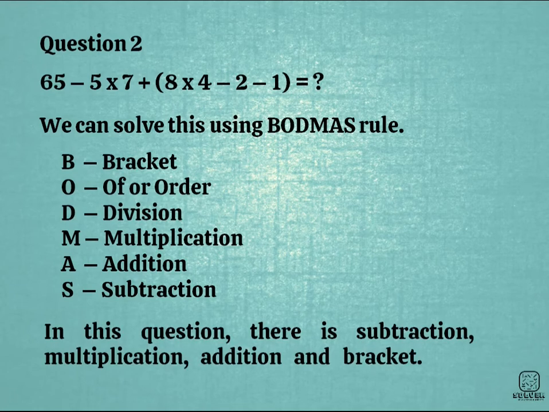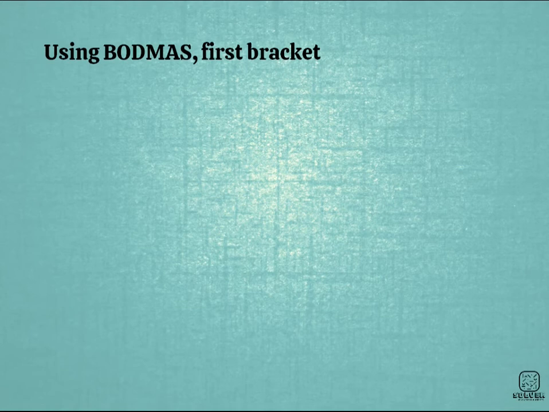In this question, there is subtraction, multiplication, addition and bracket. So using Bodmas, we need to do bracket first. So what is in the bracket? 8 into 4 minus 2 minus 1. So in the bracket there is multiplication and subtraction. Again we need to use Bodmas.